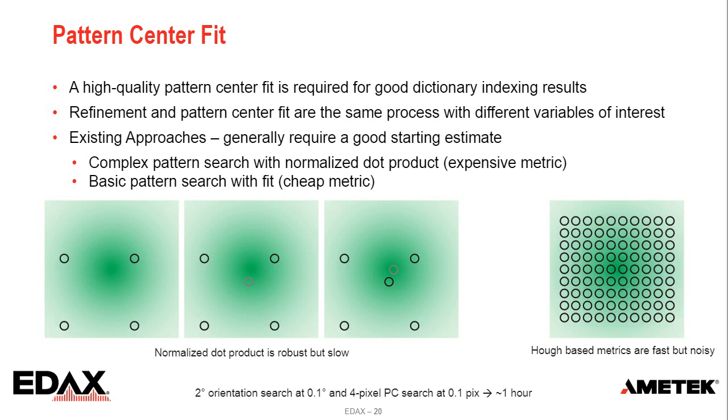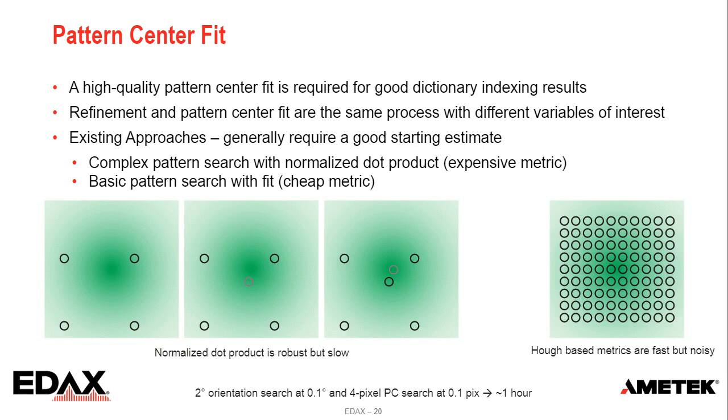There are basically two approaches that are done right now for pattern center fit. One is basically just what I showed, something like BOBYQA, where you have a relatively complex search algorithm to minimize the number of times you have to evaluate your metric, because, for example, if your metric requires that you simulate a pattern, then it's going to be slow and expensive.